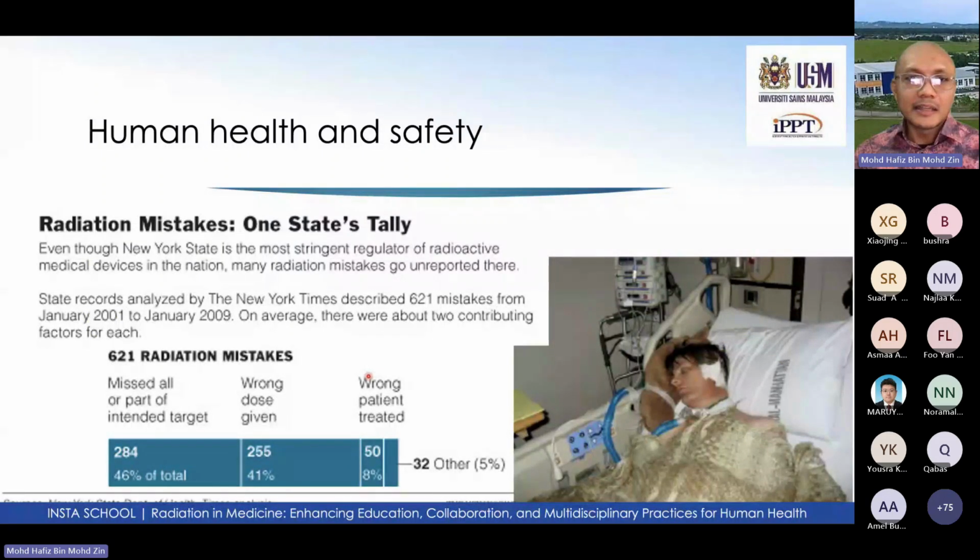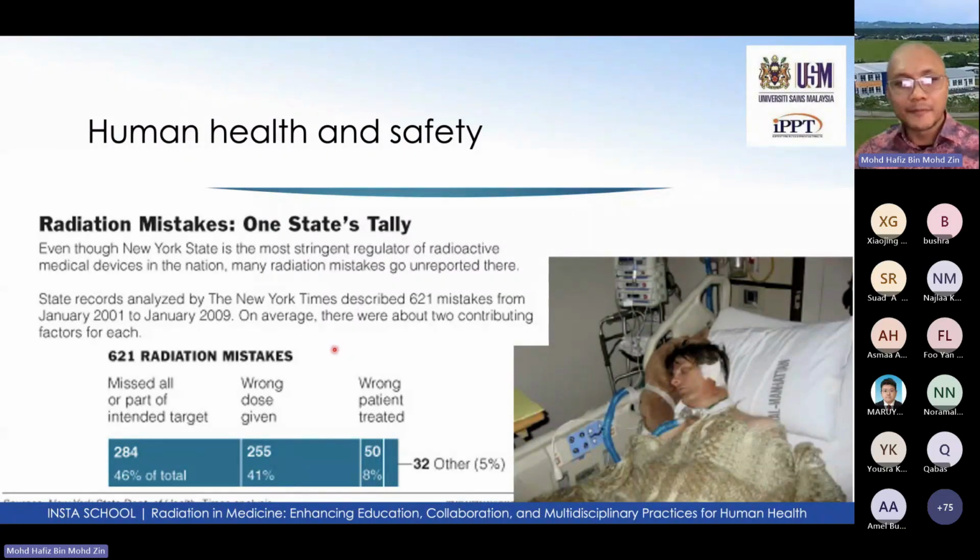The reason that these are important is that if these are not done appropriately, there could be potential harm to the patient. So for example, you might find it surprising that in countries like the United States, there were reports of a radiation accident where the patient actually died because of the failure of delivering the radiation safely to the patient.